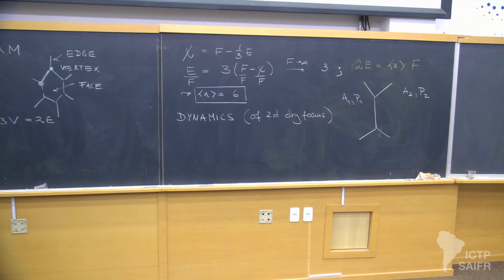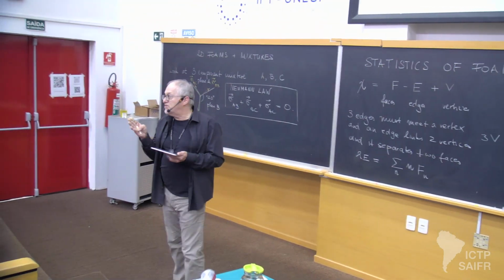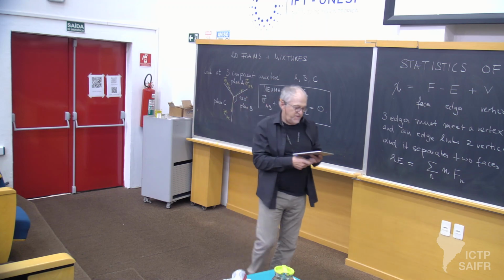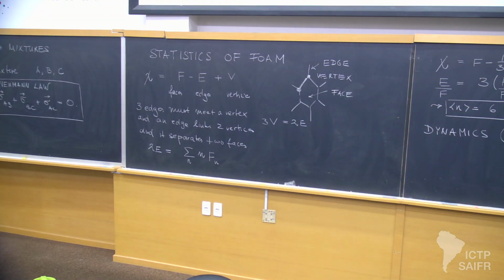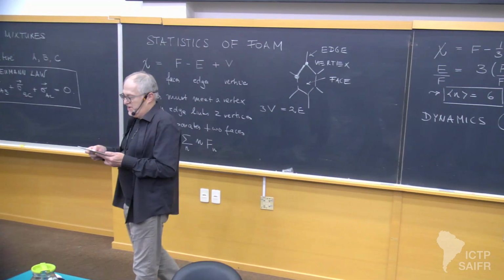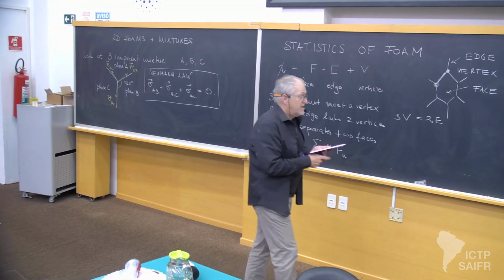I drew the film connecting the two bubbles as straight. That's only straight if the pressures are the same on both sides. And if they're not the same, it will bulge out. So here it will bulge out to the right if the pressure in the left bubble is larger than the pressure in the right bubble, and I would have the reverse if the pressure on the right would be larger, and vice versa.